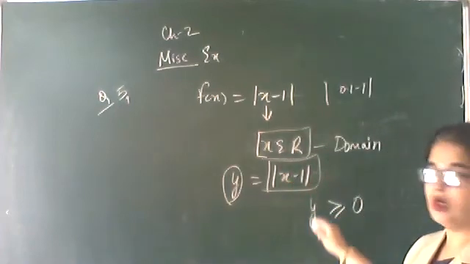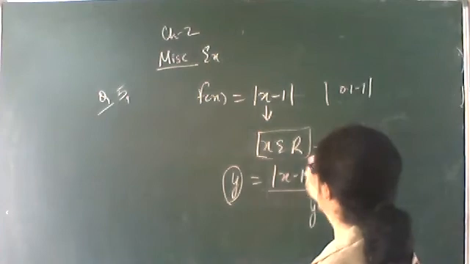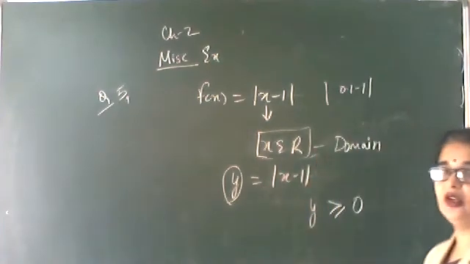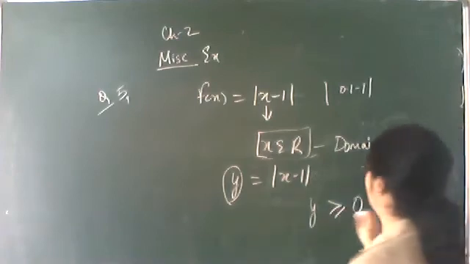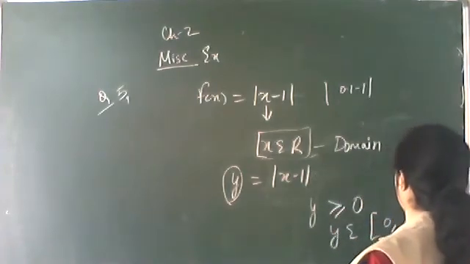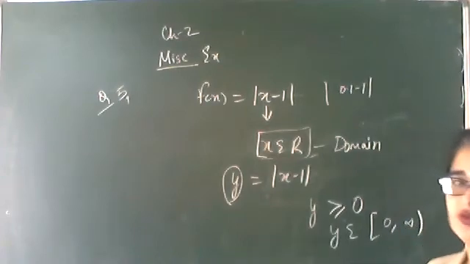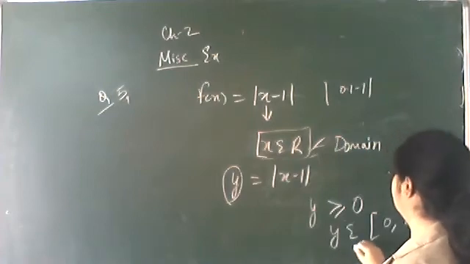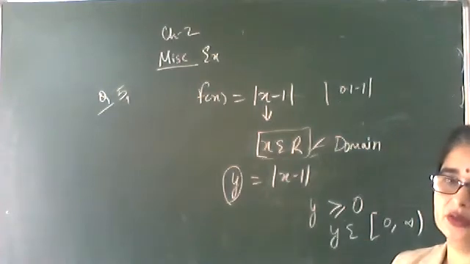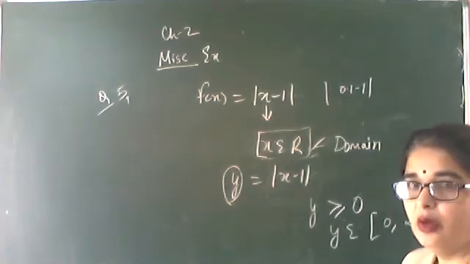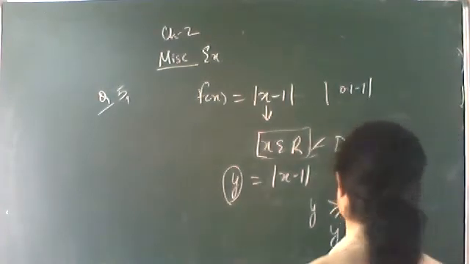So y will always be greater than or equal to 0. So y belongs to 0 to infinity. The domain is real numbers, and the range is positive real numbers including 0. Clear?